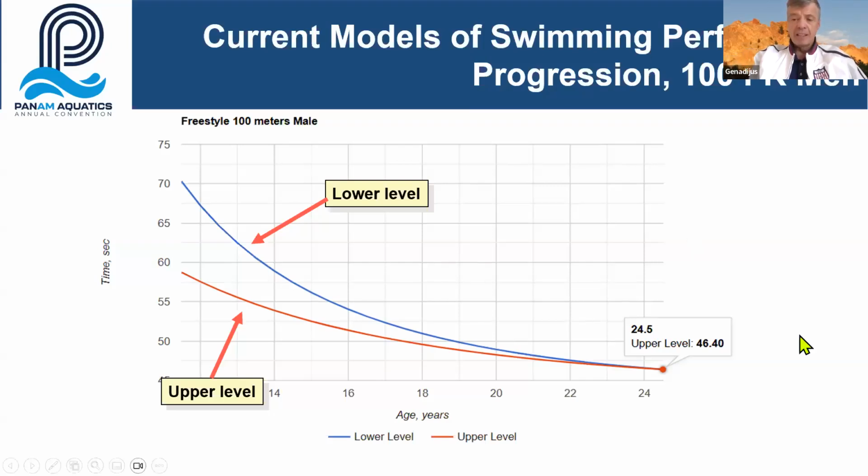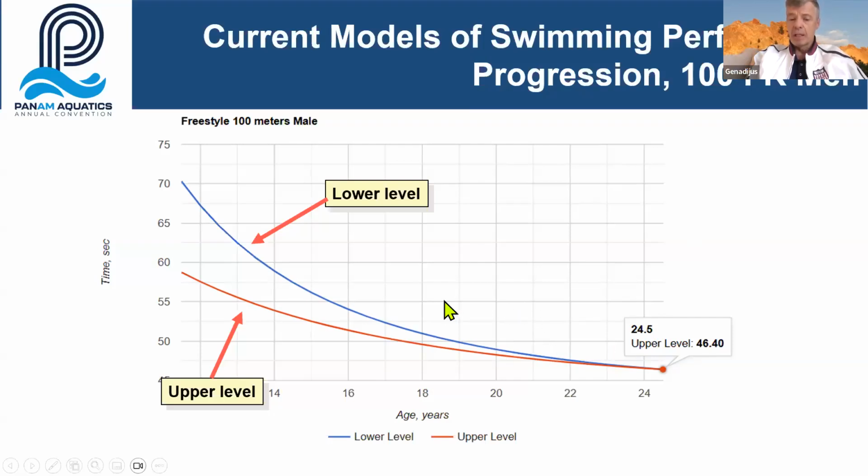Again, you can plot in the database your swimmers' times over here, and you'll see where they are at different ages, 10, 11, 12, 15, 16, and so on, and what performances they're going to reach. Obviously, very few swimmers in the world will be swimming 46 seconds, but you can put any goal you want.